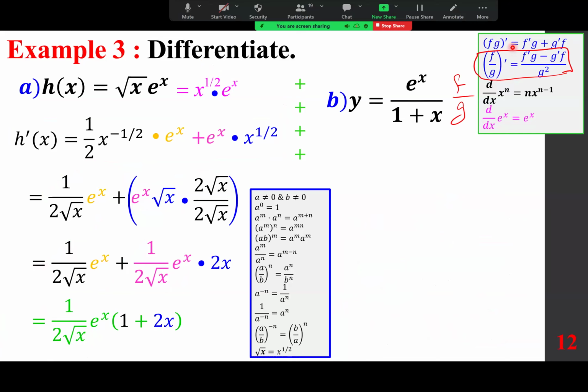So y prime is e to the power of x times g, the denominator, which is 1 plus x, minus g prime, it's simply 1, times f, which is e to the power of x, and then over g squared, that means 1 plus x squared.